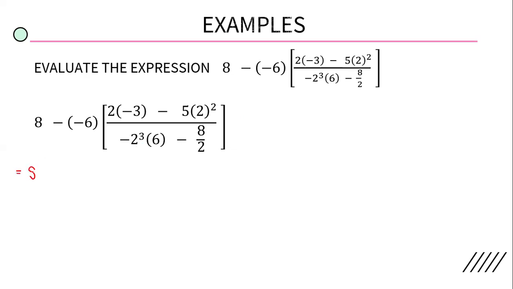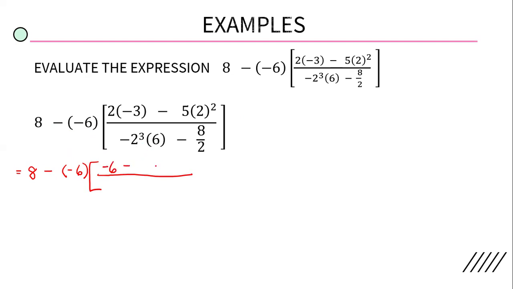Bringing down the 8. Now, we're able to deal with our negative sign, but let's leave this alone for now. We have negative, open bracket, negative 6, close bracket. Now let's deal with the inner bracket. Dealing with our numerator, we have 2 times negative 3, giving us negative 6.